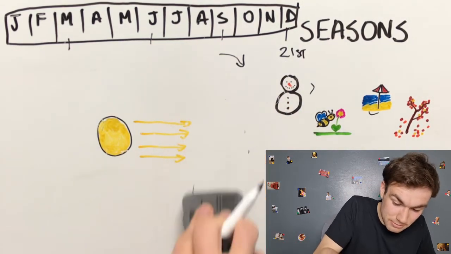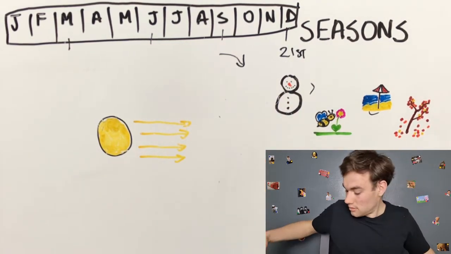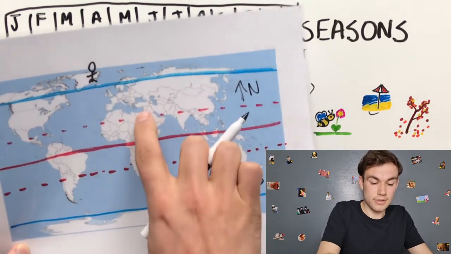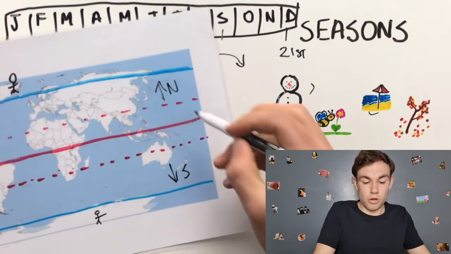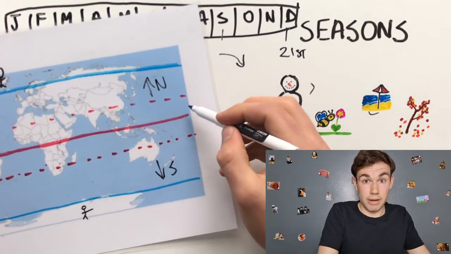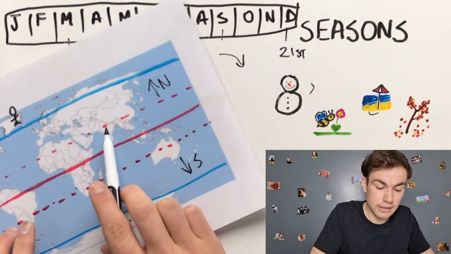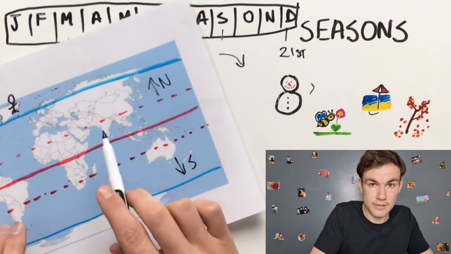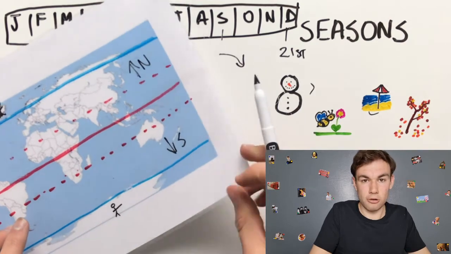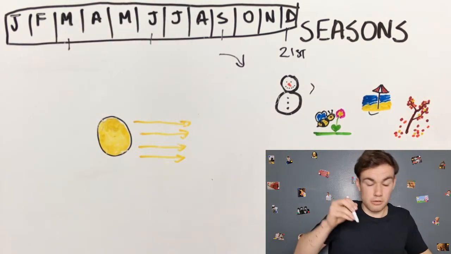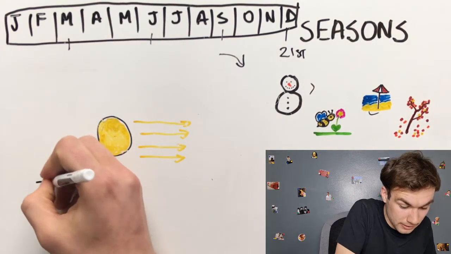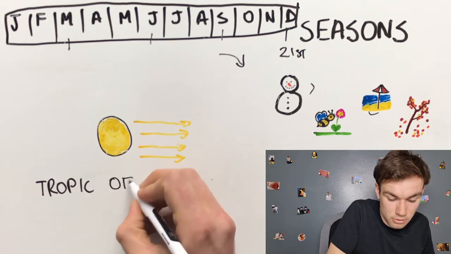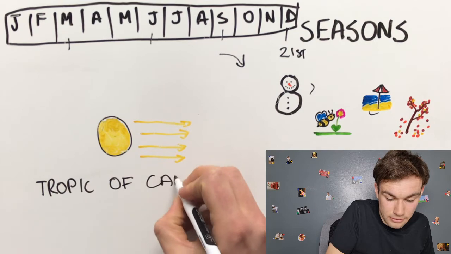Okay, that explains these two lines. Now, what about these two? What do these two lines represent? This line here is called the Tropic of Cancer. I will write that. Tropic of Cancer.